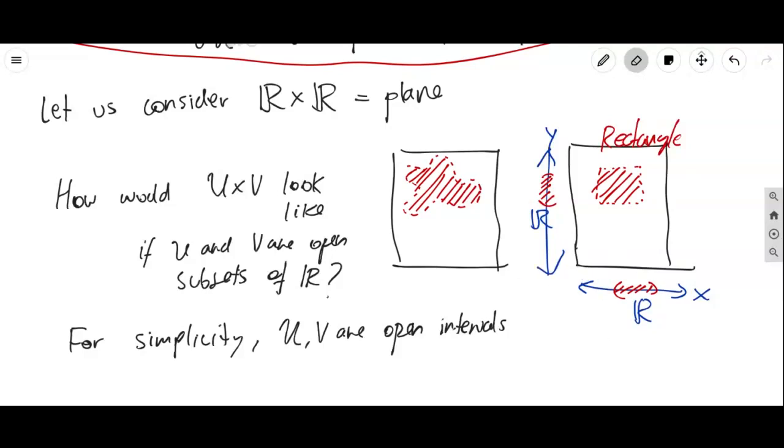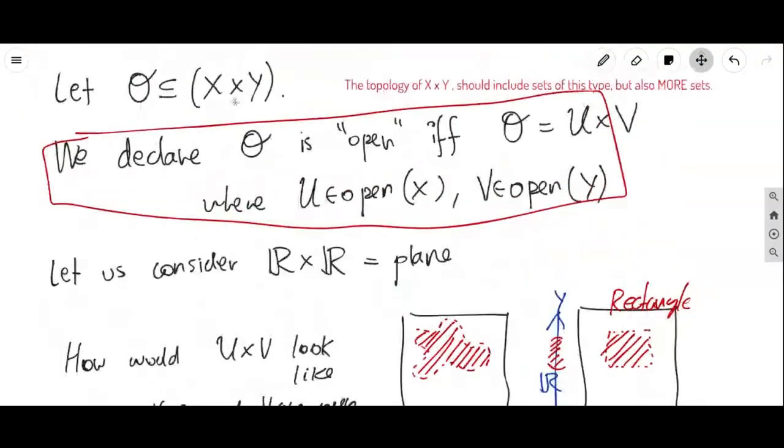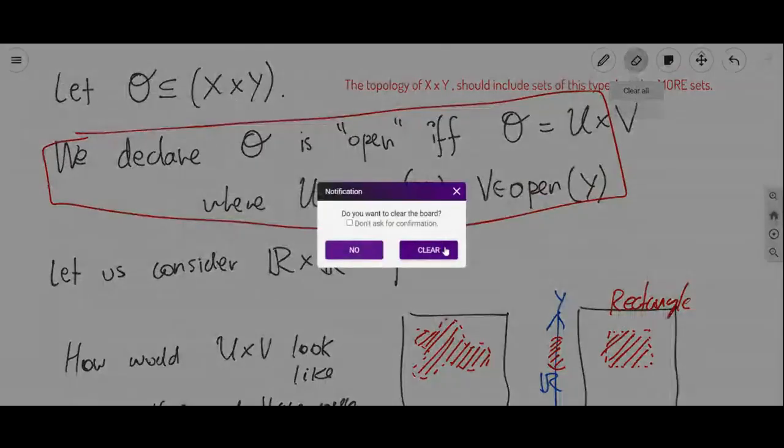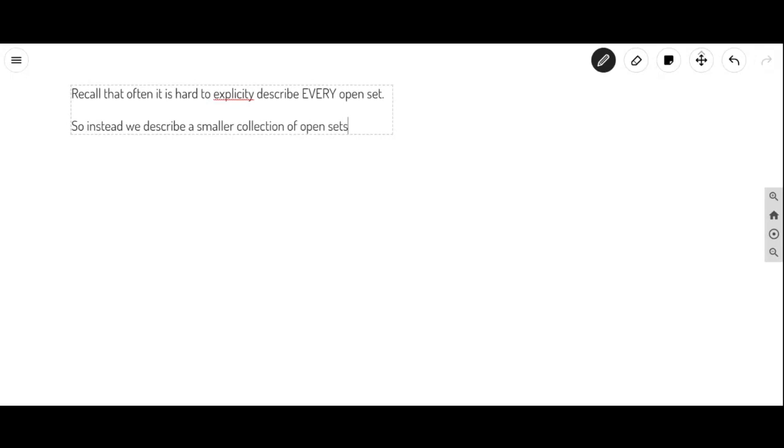So how does one do that? What we're going to do here is use a topological basis. So let's recall this again. Recall that often it is hard to explicitly describe every open set. So instead, we describe a smaller collection of open sets, which are easier to understand, maybe to visualize, or maybe to describe, whatever word you want to use.